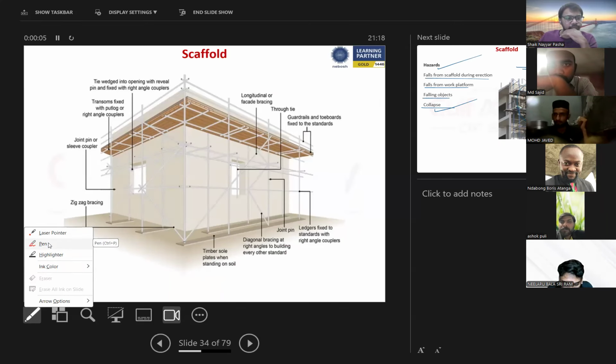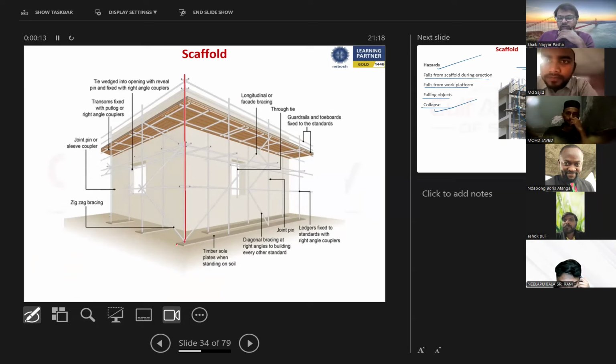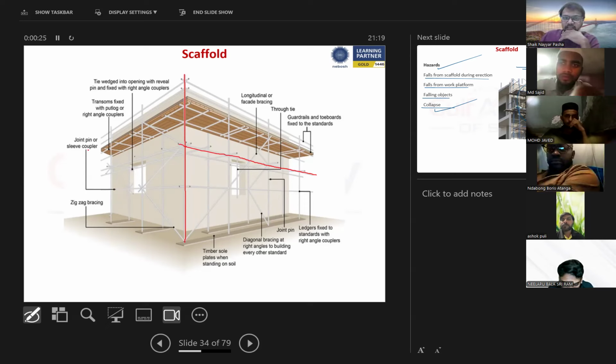So this one, the vertical tube that you can see, this is called a standard. The vertical tubes are called standards. These horizontal tubes that you can see, these are called ledgers. Standards and long horizontal tubes are called ledgers.